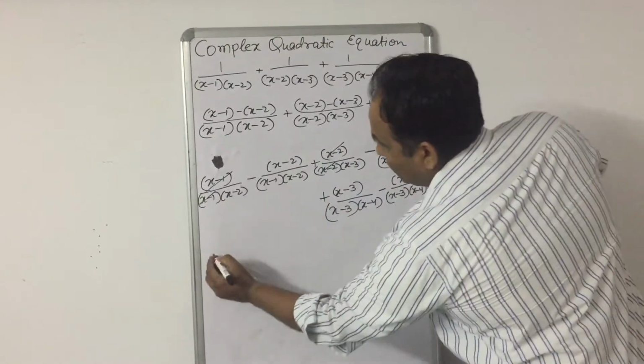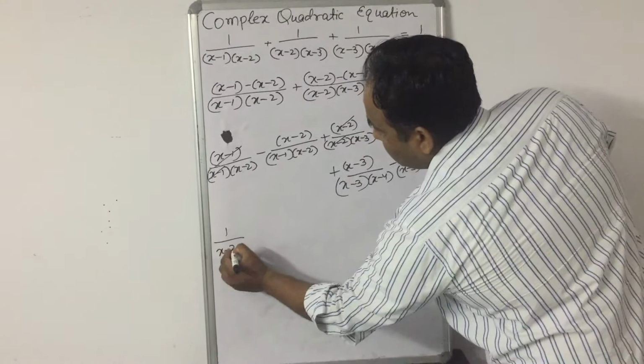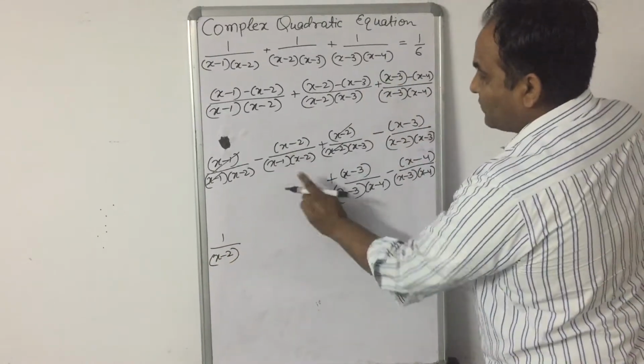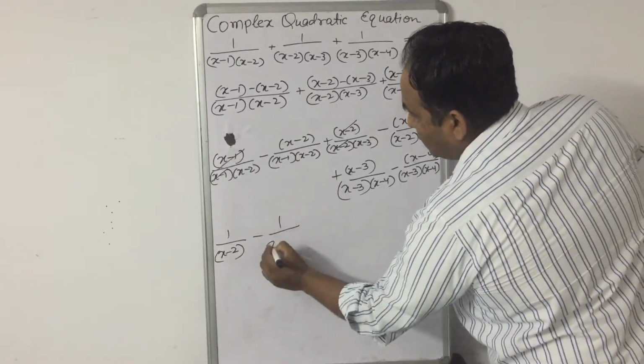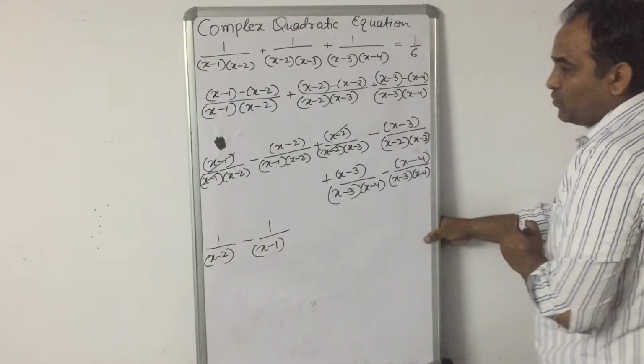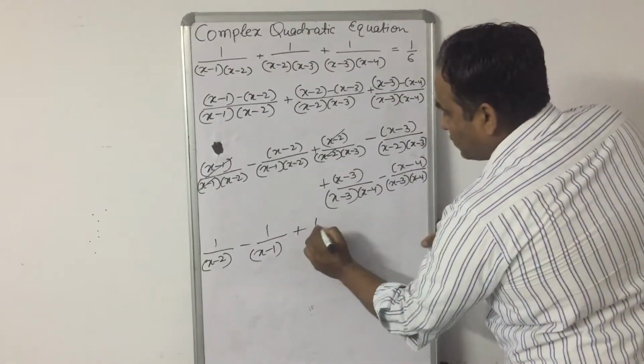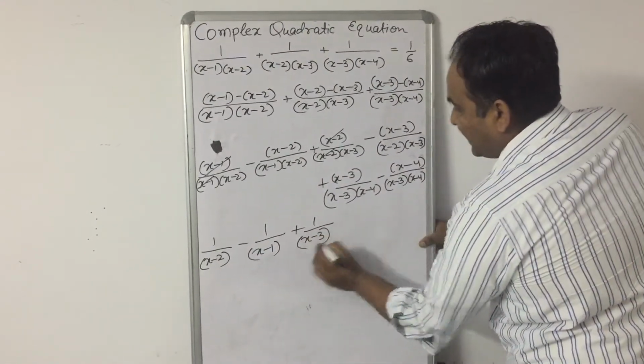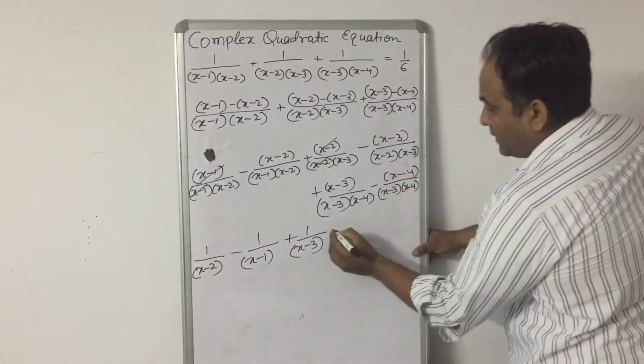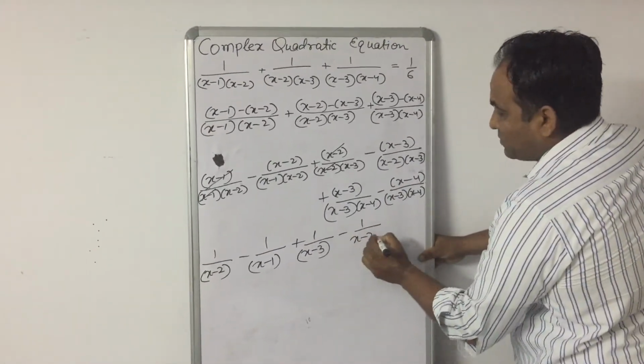So from here I am getting 1 upon x minus 2, and from here minus 1 upon x minus 1. From here I am getting plus 1 upon x minus 3, from here minus 1 upon x minus 2.